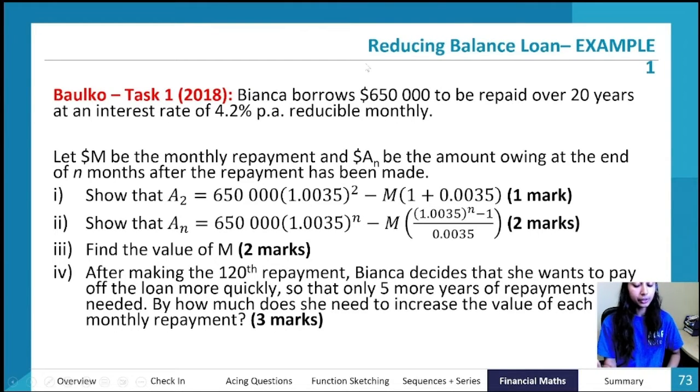So Bianca borrows $650,000 to be repaid over 20 years at an interest rate of 4.2% per annum, reducible monthly.